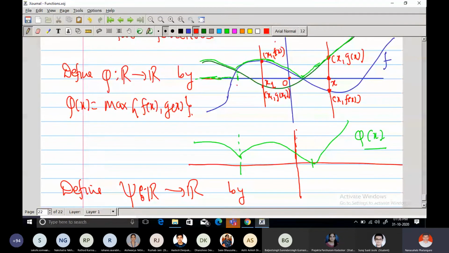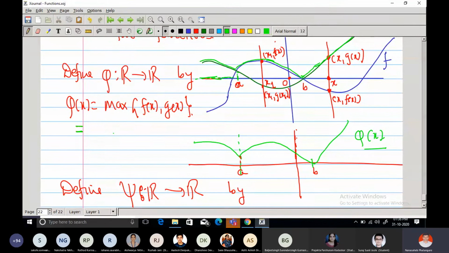Yes, sir. So let me call this some point A and this point B. So this is A and this is B. I am just looking at phi(x) now, and therefore can you give me a precise definition of phi in this particular situation? Okay, let me use different colors for this particular graph.